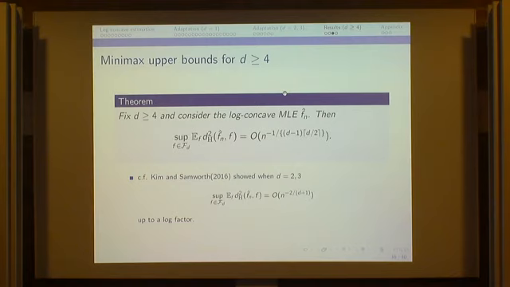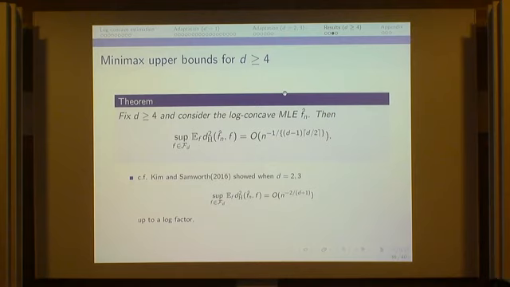What I can say is, before, we didn't have any convergence result when d is greater than or equal to 4, but now we are able to get some rate for this really high dimension, though we are not sure if this is the optimal rate.